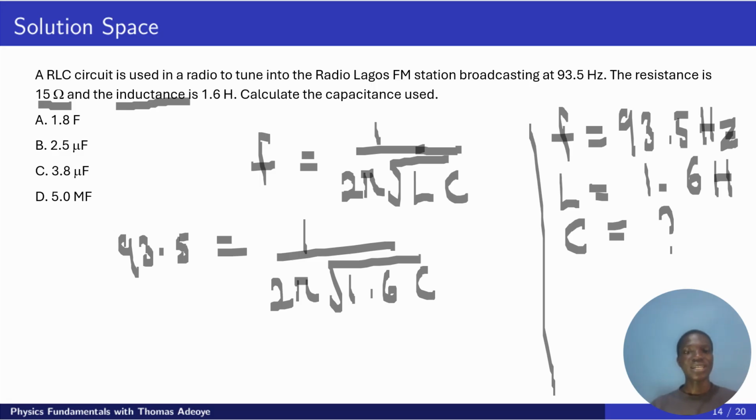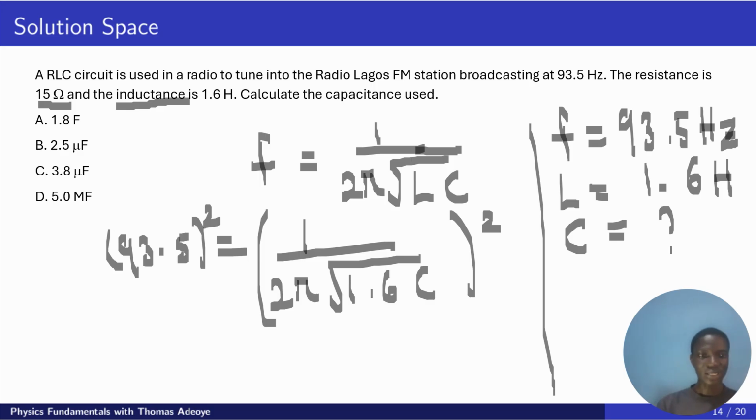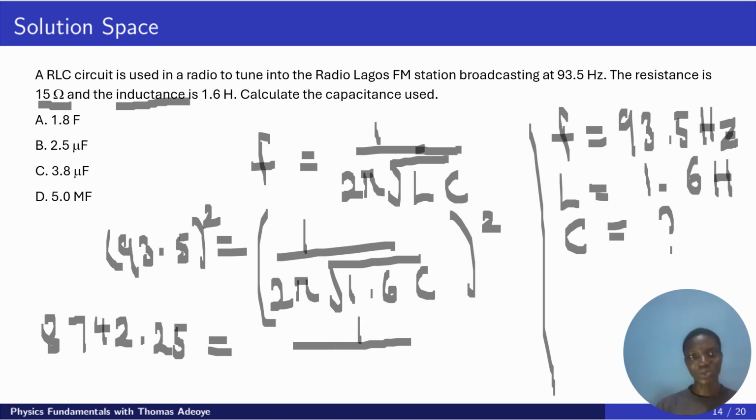If you take the square of this, this squared, and the square of this as well, that eliminates the square root. 93.5 squared, this is long, will give you 8742.25 equals 1 over, so 1 squared is 1, over 2 pi squared, which will be 4 pi squared, multiplied by 1.6, then C, and the square root is gone.